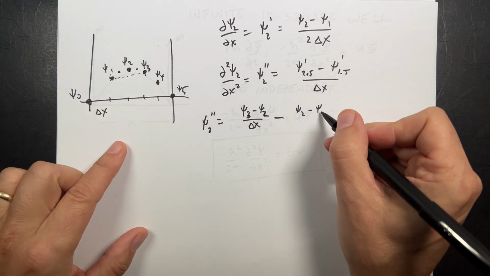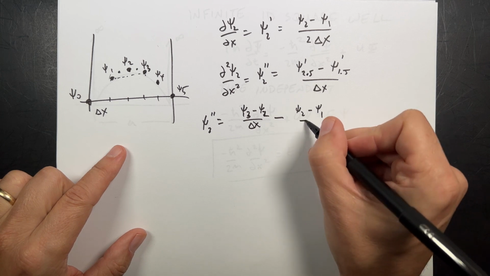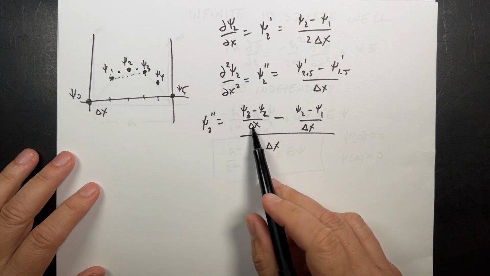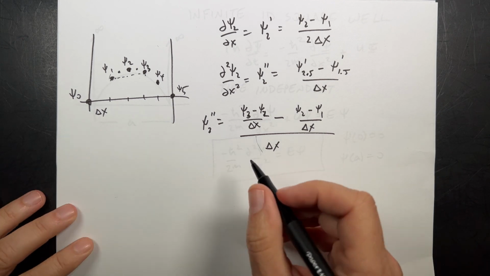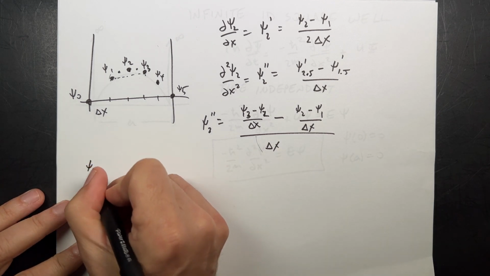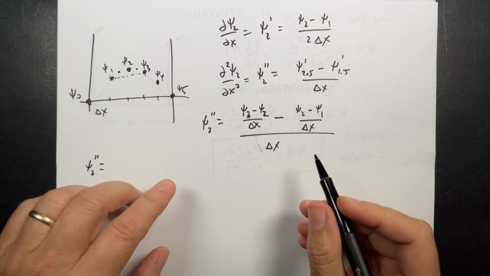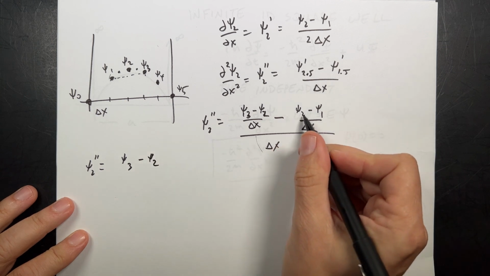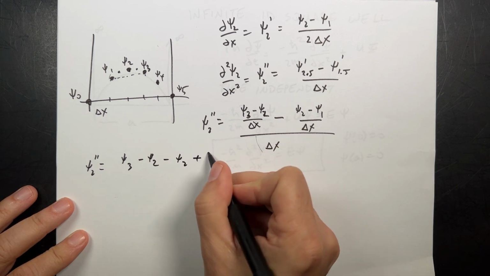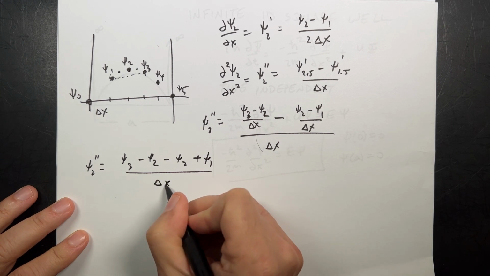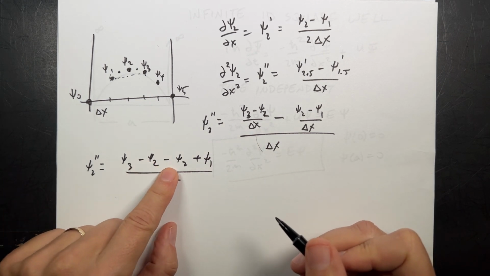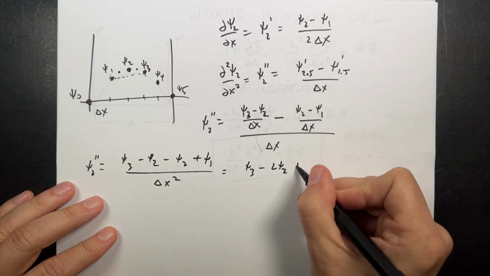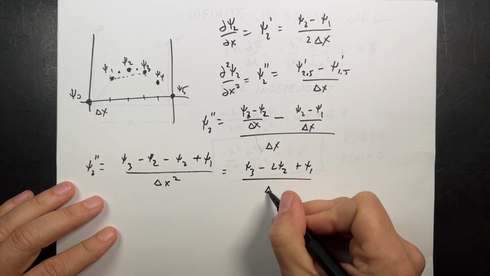Psi 2 minus psi 1 over delta x, and all of that divided by delta x. Well, I can pull those delta x's down there, and I get delta x squared. So psi 2 double prime equals psi 3 minus psi 2, and then I have a negative sign, so I get minus psi 2 plus psi 1, over delta x squared. And here I have two of those psi 2's: psi 3 minus 2 psi 2 plus psi 1 over delta x squared.